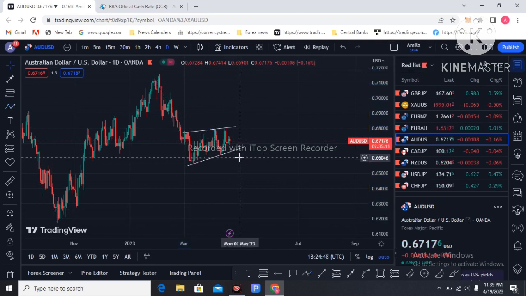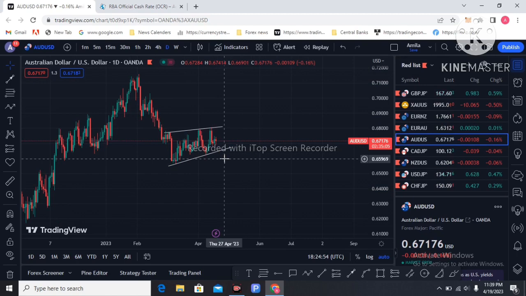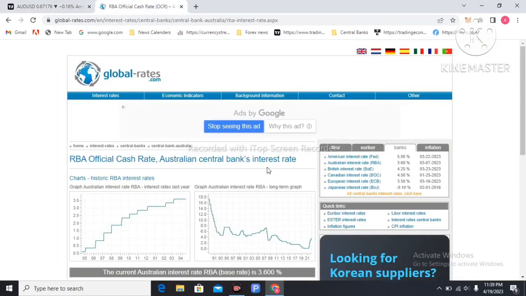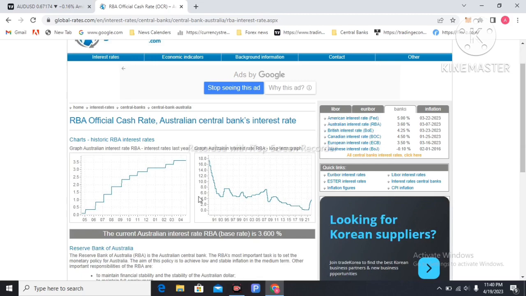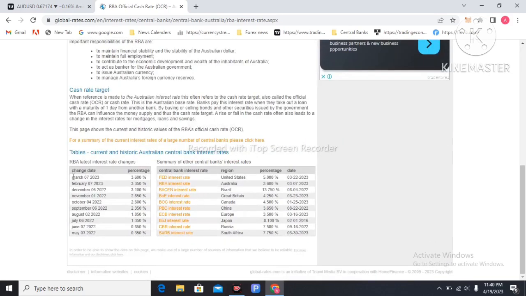So this is the daily chart. Now I am going to move to the global interest rates website to see the economic data for the Reserve Bank of Australia, the RBA. The RBA interest rate is currently 3.6.